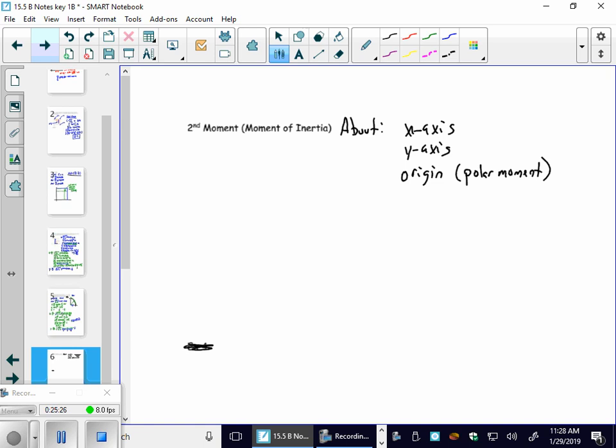If you want to find the moment of inertia around the x-axis, typically it's an I sub y, which is a double integral of x squared rho of xy dA. If you want to do it around the y-axis, you can probably guess we call this I sub x, and it'll be a double integral over D, your domain.